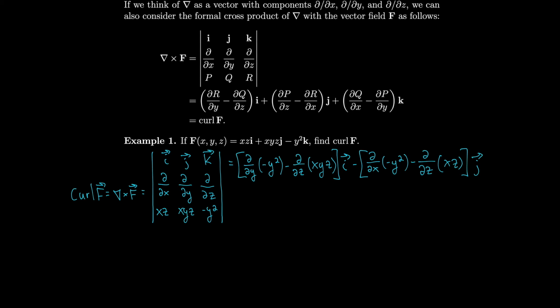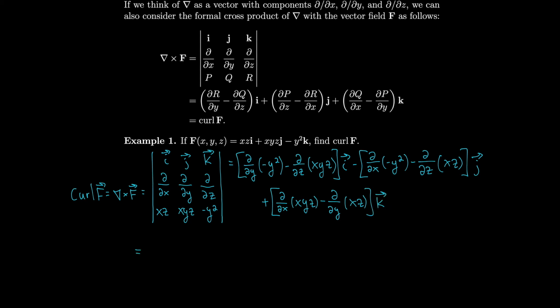Remember, j always gets a minus, so we subtract off the determinant of this for j, plus the partial with respect to x of xyz minus the partial with respect to y of xz for our k component.